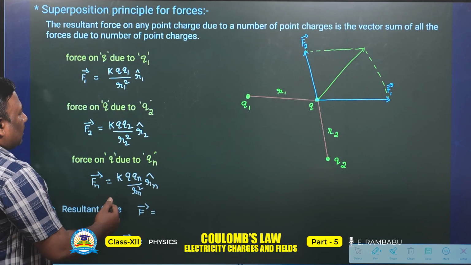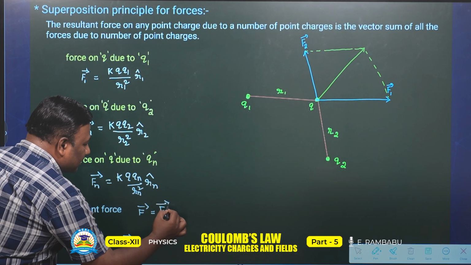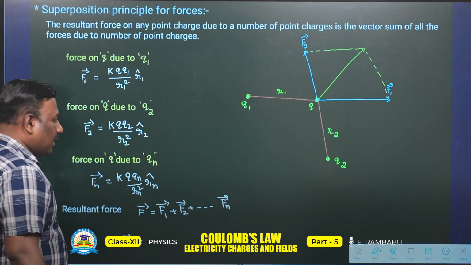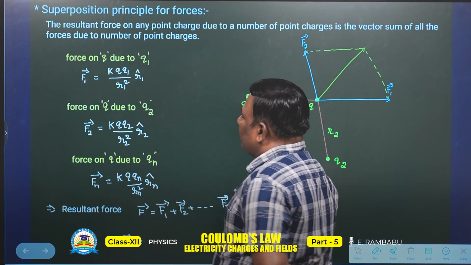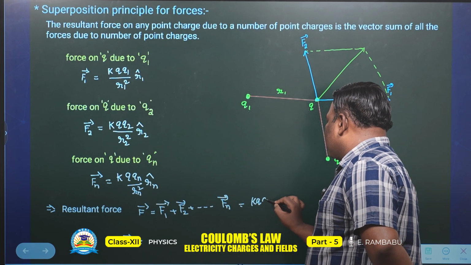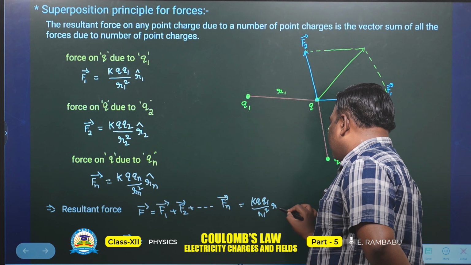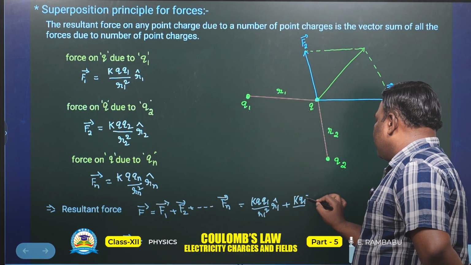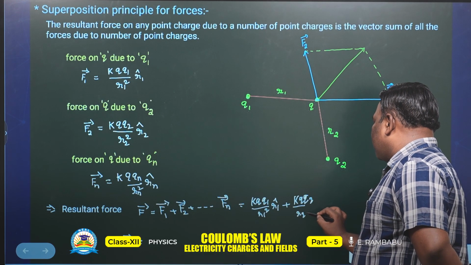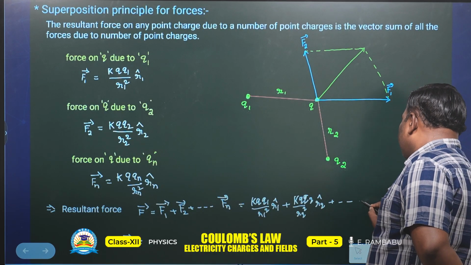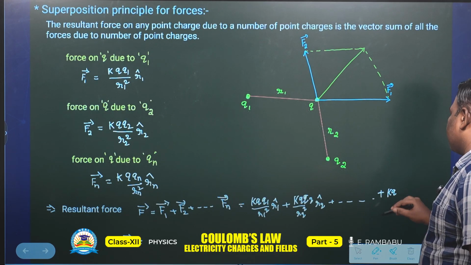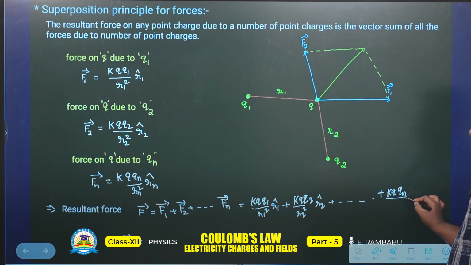Now all the forces can be added vectorially, so the net force is the vector sum of the n forces, F1 bar plus F2 bar and so on up to Fn bar, which is K Q Q1 by R1 square along R1 cap plus K Q Q2 by R2 square along R2 cap, and so on, up to K Q Qn by Rn square along Rn cap.